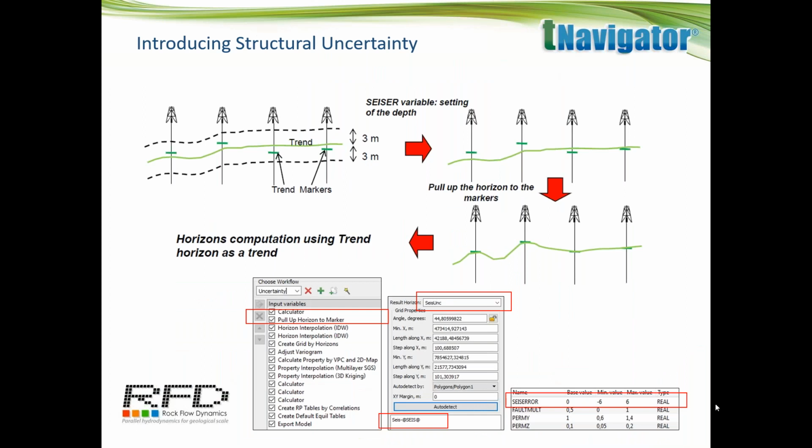So just once again, right? In this example, let's say that you interpret from your seismic data a horizon, your trend horizon, but you have this uncertainty that you want to capture. So what we suggest is to introduce a variable that we just call Caesar.